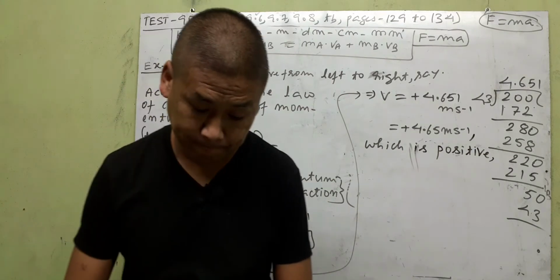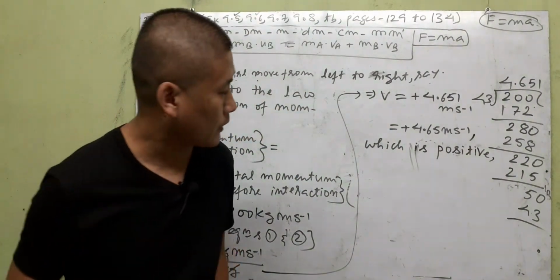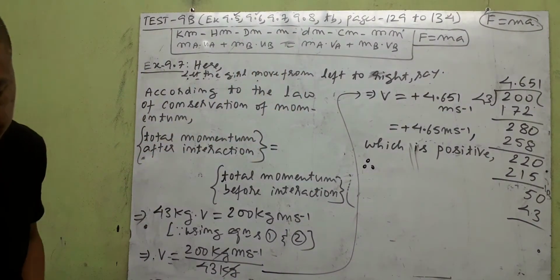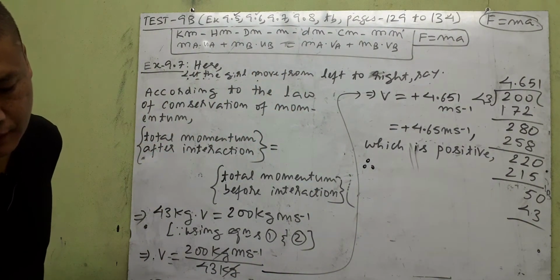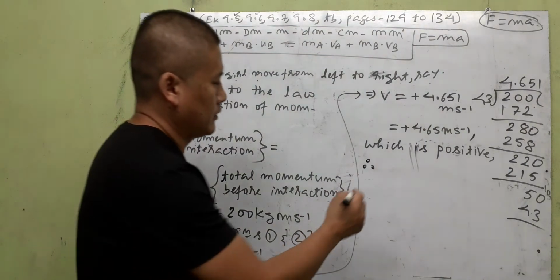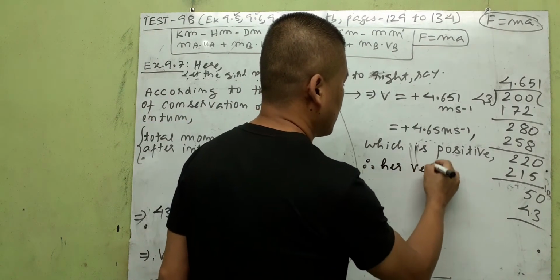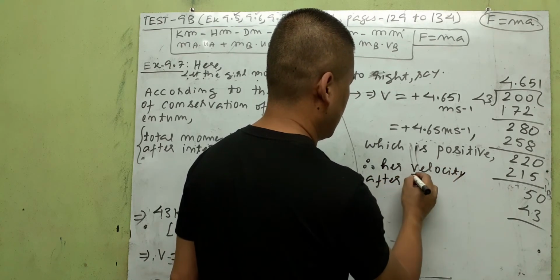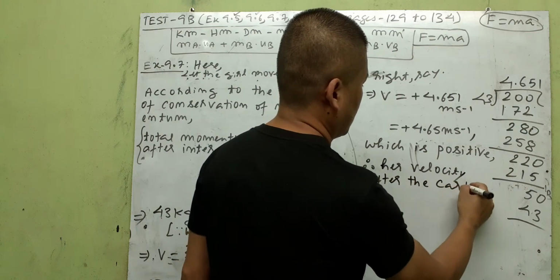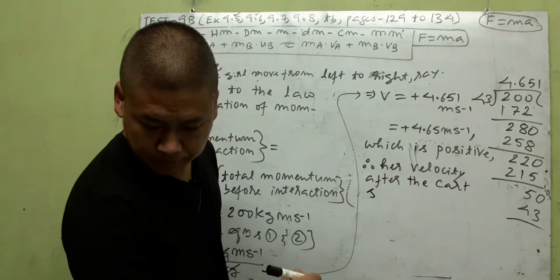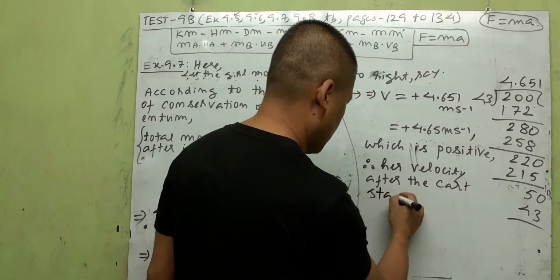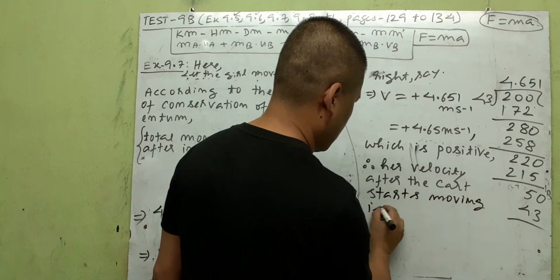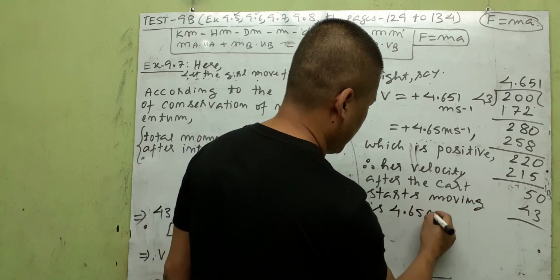Okay, so here V is, if you go back, you find out that that is her velocity. So her velocity after the cart starts moving is 4.65 meter per second.